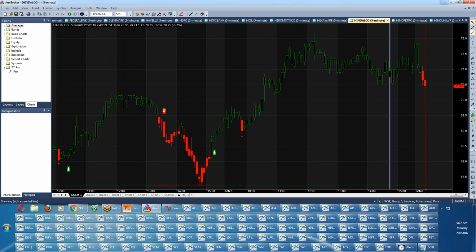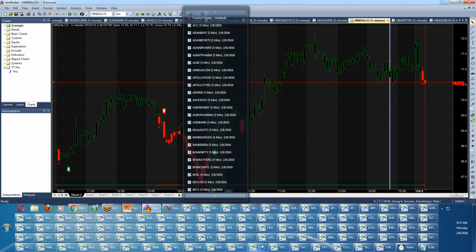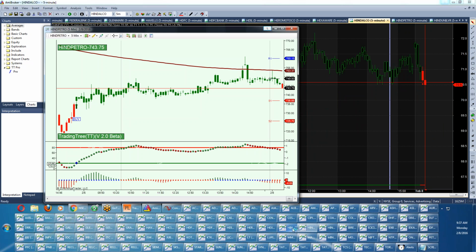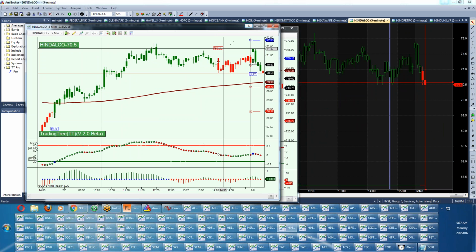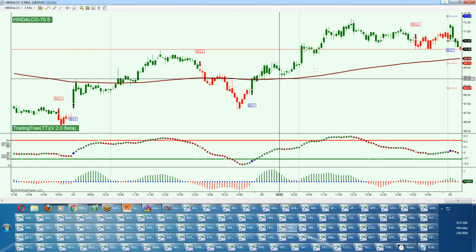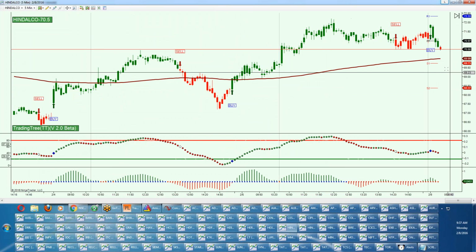So Hindalco, this is our sell price. We had a call here, did not check that. So that's a gap up open, most of the metal stocks.